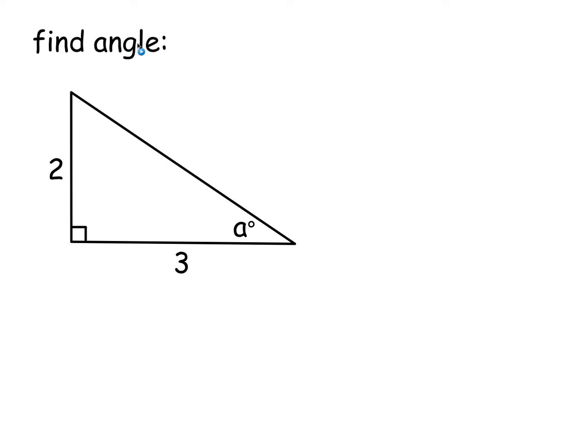Find the angle, label the sides. H is opposite the right angle, O is directly opposite the angle that you're dealing with, A degrees here, and the adjacent's just next to the angle. This involves O and A. That's the tangent ratio. Tangent is opposite over adjacent. So tangent of A is 2 over 3.